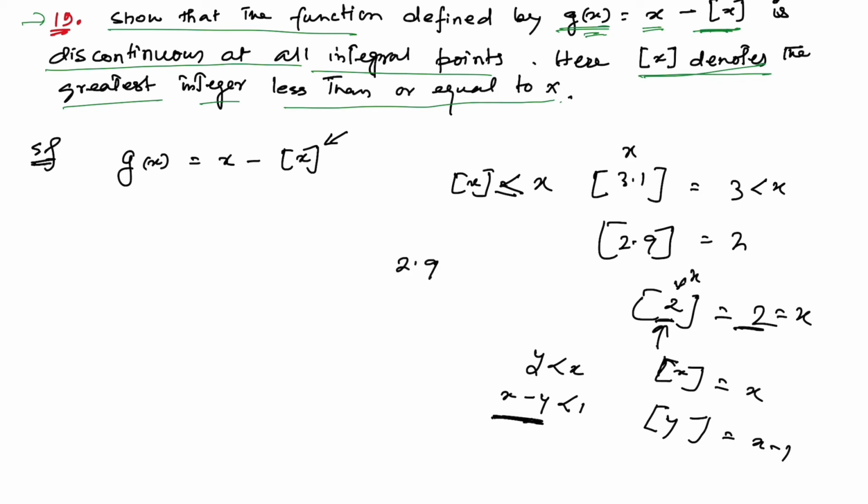As you can see, 2.9 is less than 3, and the greatest integer function, if you take x equal to 2.9, will be given by 3 minus 1, that is 2.